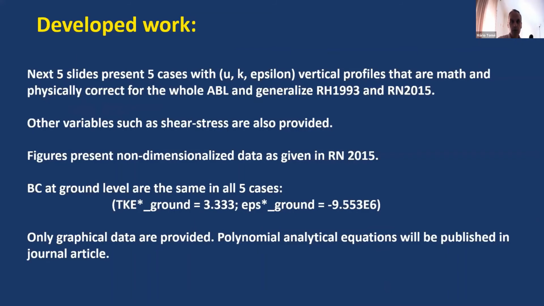What I did is to assume different top boundary conditions at the top of the atmospheric boundary layer, I mean the value of the turbulent kinetic energy and the epsilon value, and those boundary conditions can be performed by Neumann or by Dirichlet boundary conditions.